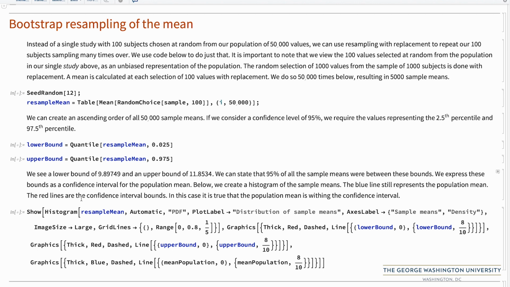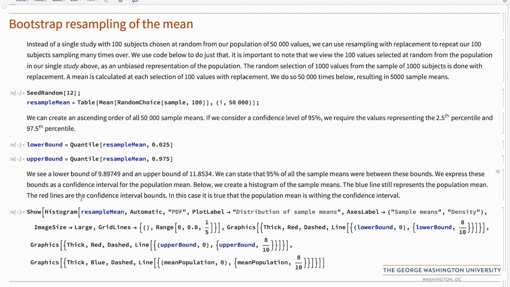Now think about this. I have 100 subjects at the moment. They were selected at random, so without bias, from the population, and as such they stand as representatives of this whole population. And so what I can do is just consider those 100 subjects as the whole population. And why don't I randomly select 100 subjects with replacement from my 100 subjects?